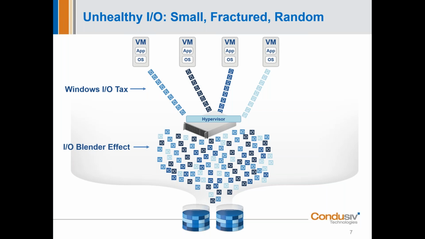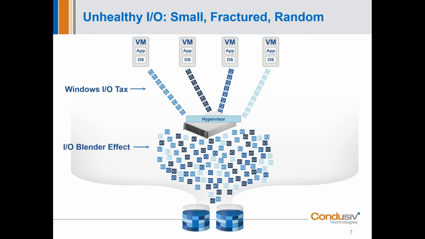And then, of course, when it gets down to the hypervisor, with all these VMs, as Dan indicated, you get this IO blender effect. Now, we're talking about virtual systems here, but the same thing happens in physical environments too. The Windows file system on physical environments is going to cause that Windows IO tax.